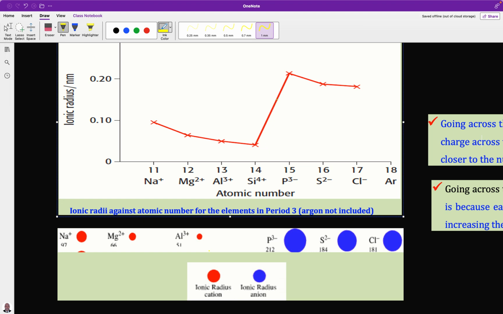Why is it that here P3 minus has the highest one, then it is decreasing? There's greater repulsion in the phosphorus anion because 3 electrons have been gained, and there's greater repulsion between the different electrons. Here there are only 2 electrons, and here there's only 1 electron. The repulsion is less. So that is the thing.